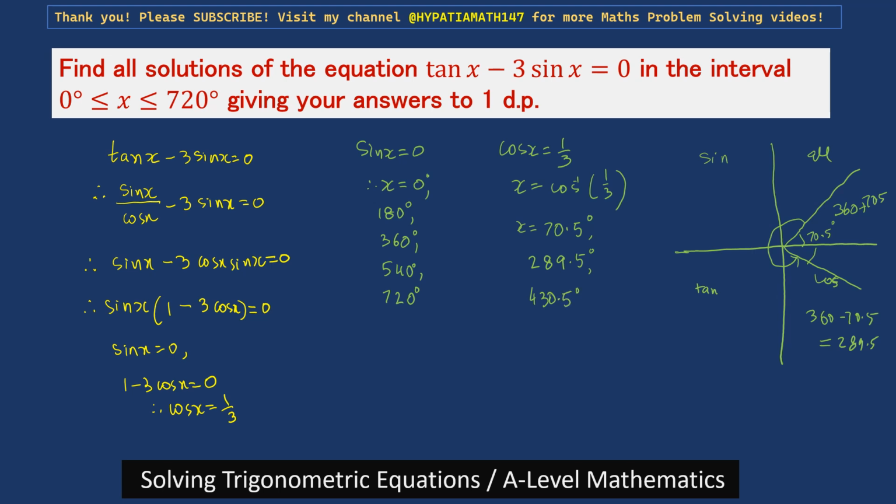Then the next one: you do another round, you would get 360 times 2, that is 720 degrees.